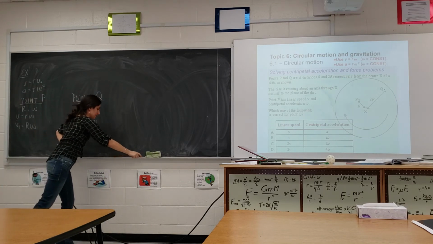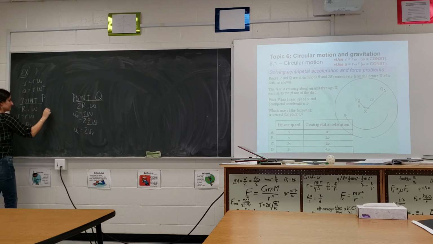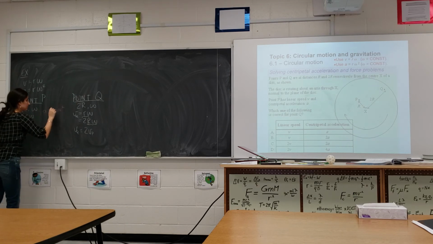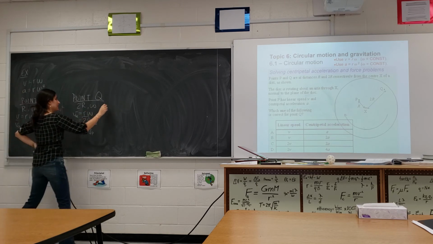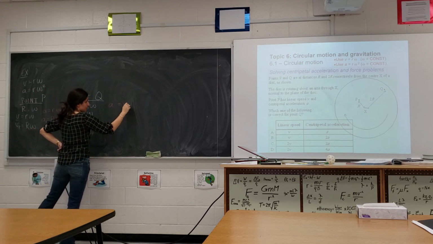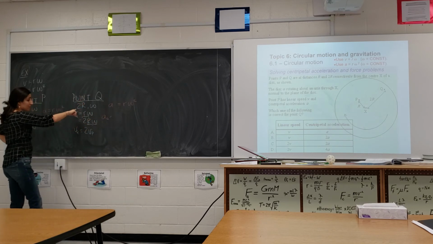Let's do acceleration now. Acceleration is rω². Now in this case for point P, my r is capital R, the omega is just omega. So the acceleration for P is Rω². Let's do the same thing for Q. So the acceleration at Q, now r is 2R.